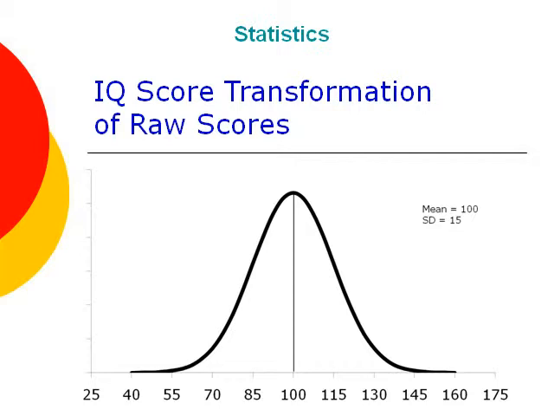In this slide, the raw scores from the original distribution have been transformed into IQ scores. Note that the mean is now 100 and the standard deviation is 15. A score of 85 corresponds to a score of 26 in the original distribution. Both are one standard deviation unit below the mean.